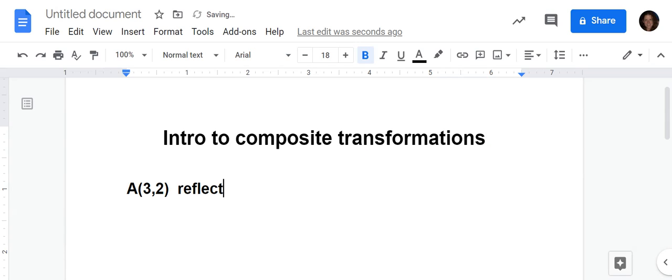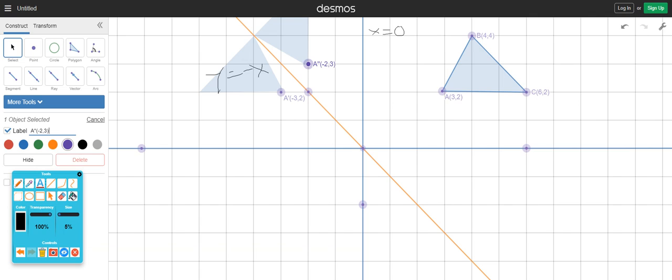Reflecting, we're just going to write in words first, and then we're going to change it over. Reflecting over x equals 0, the y-axis, and then we get A prime, which is negative 3, 2.